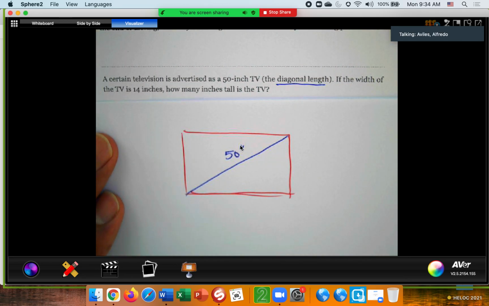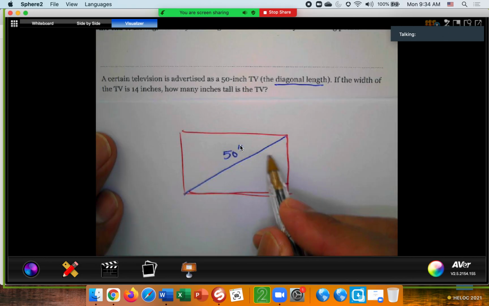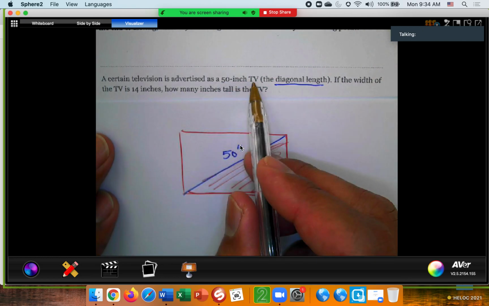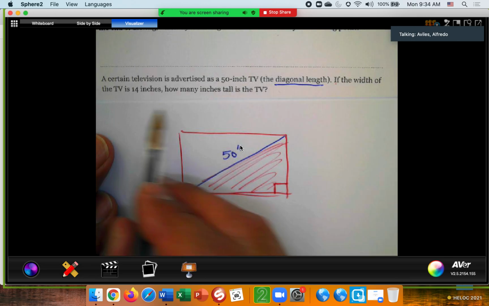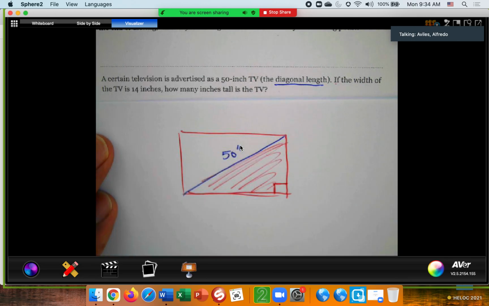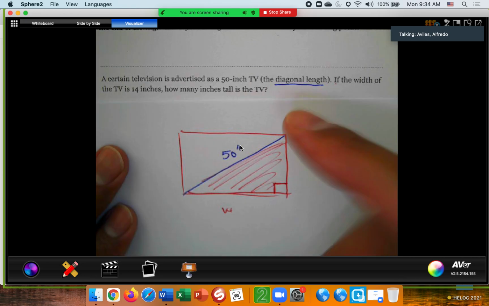You guys can already see the right triangle here, right? This is my right triangle. If the width of the TV is 14, how tall is the TV? So here's your width, how wide it is, and then how tall or how high it is.